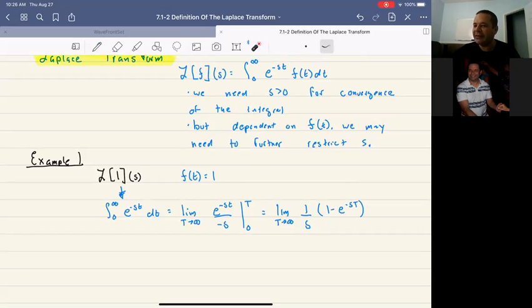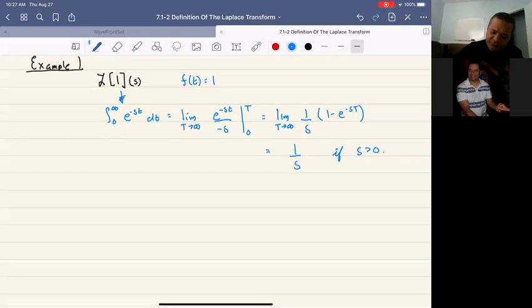The reason that works is, of course, because s has to be bigger than 0. If s was less than or equal to 0, that's not going to work. If s equals 0, then we can't do this integral. So we get 1 over s if s is bigger than 0. That's our first one.